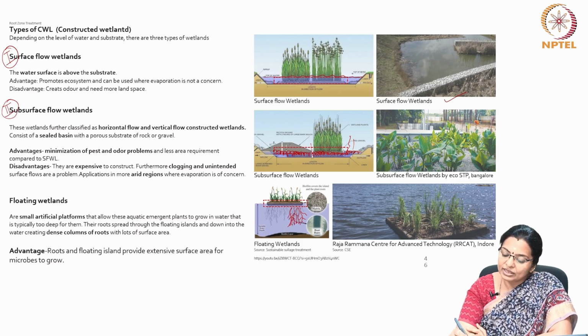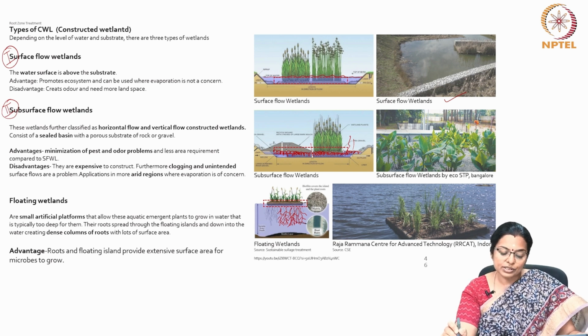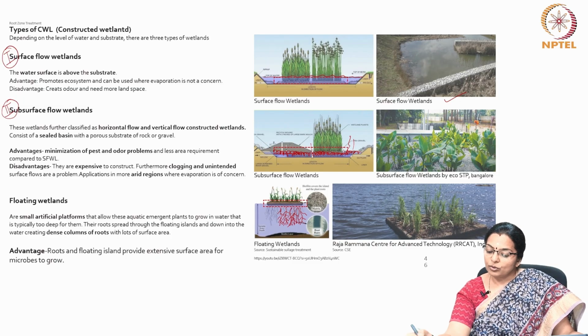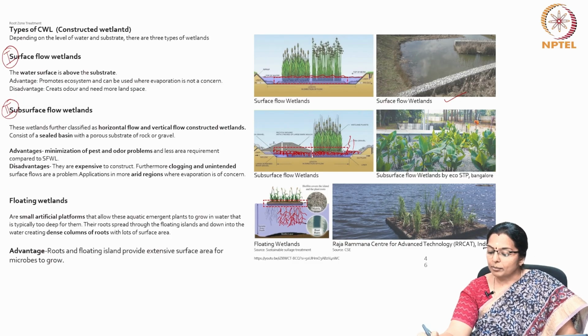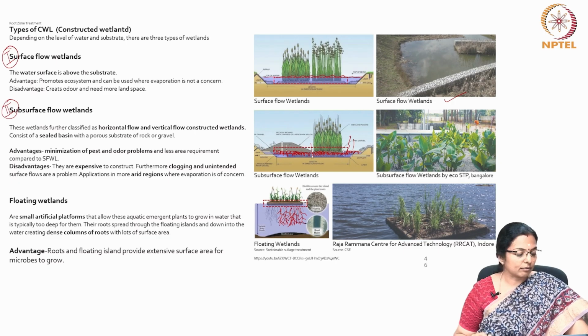And it is on these surfaces of the roots that the microorganisms cling to. The advantage is the roots and floating islands provide extensive surface area for microbes to grow. Here you can see Raja Ramanna Center for Advanced Technology in Indore has a floating wetland.